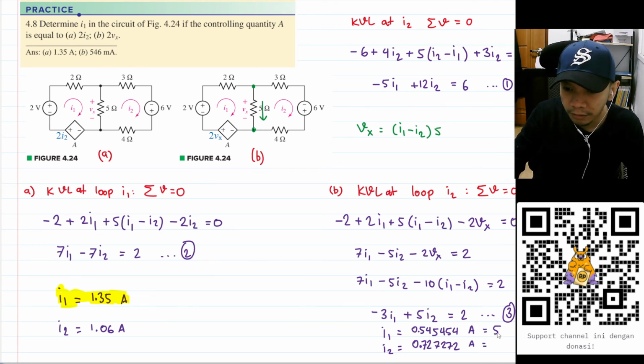So I'll have 545.5, yeah, milliampere. Yeah, I think that's okay. And then for this one, I will have this 0.3 milliampere.